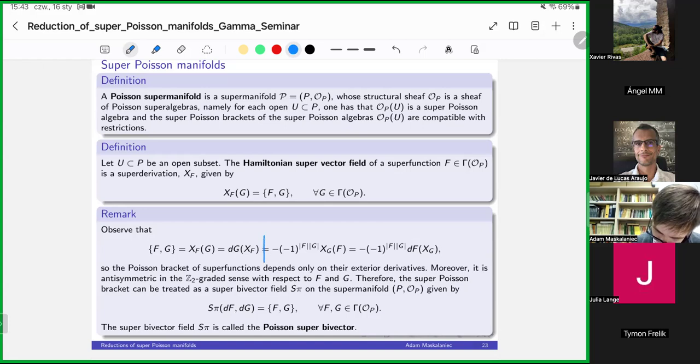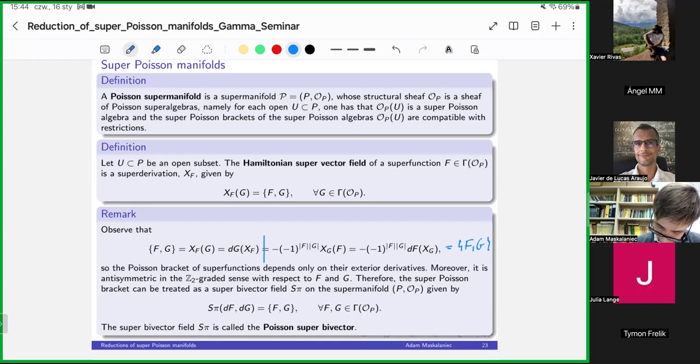The second step is the vector field related to the super function f applied to g, and then you have written dg and X_f.